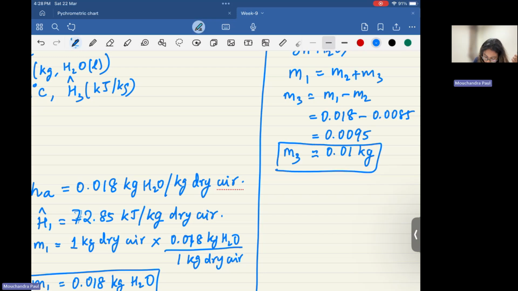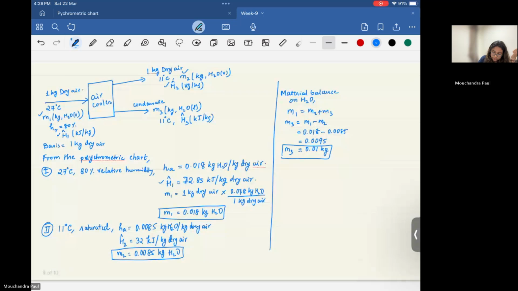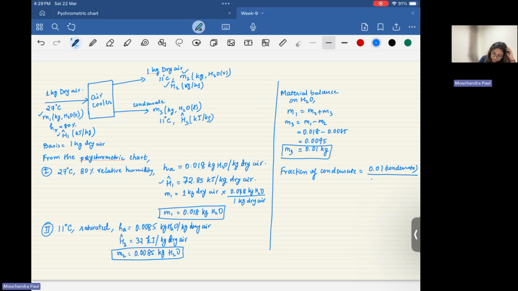It is M3. In the question, we were asked the fraction of water that condenses. So the fraction of condensate will then become 0.01 is the condensate, divided by how much water is supplied, which is 0.018.